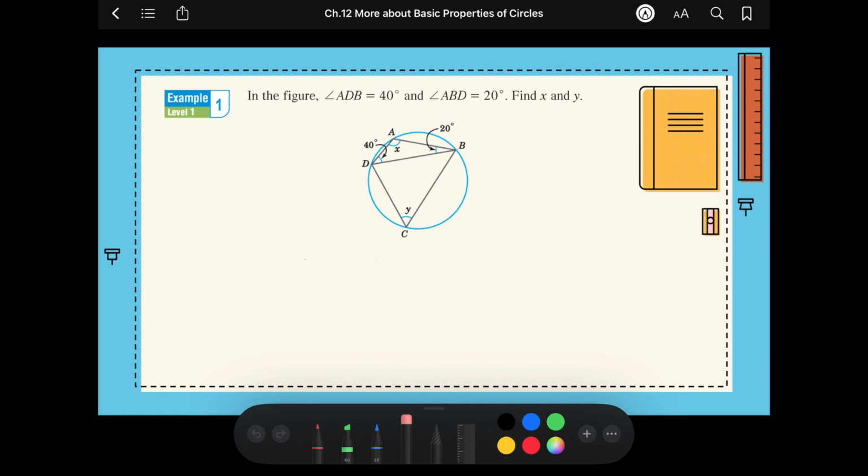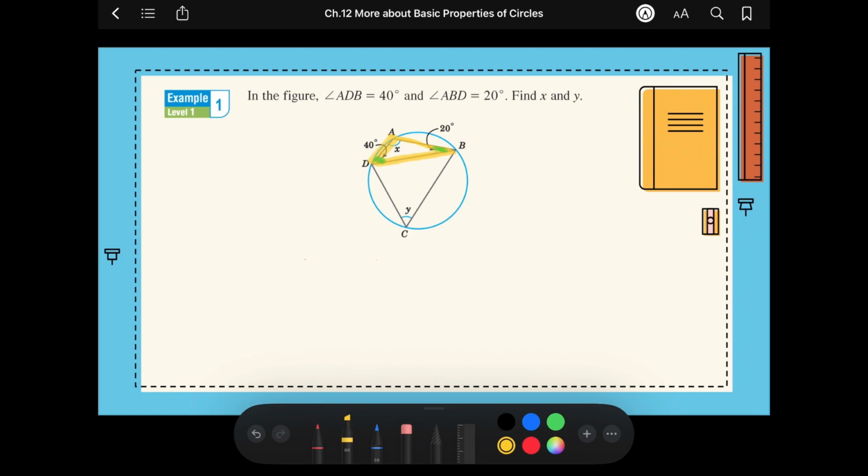Now let's look at how we can use it to solve a question. In this figure, angle ADB is 40 degrees and angle ABD is 20 degrees. Find X and Y. Let's look at what information they gave you. They gave you these 2 angles here, and you can see that this is a triangle.